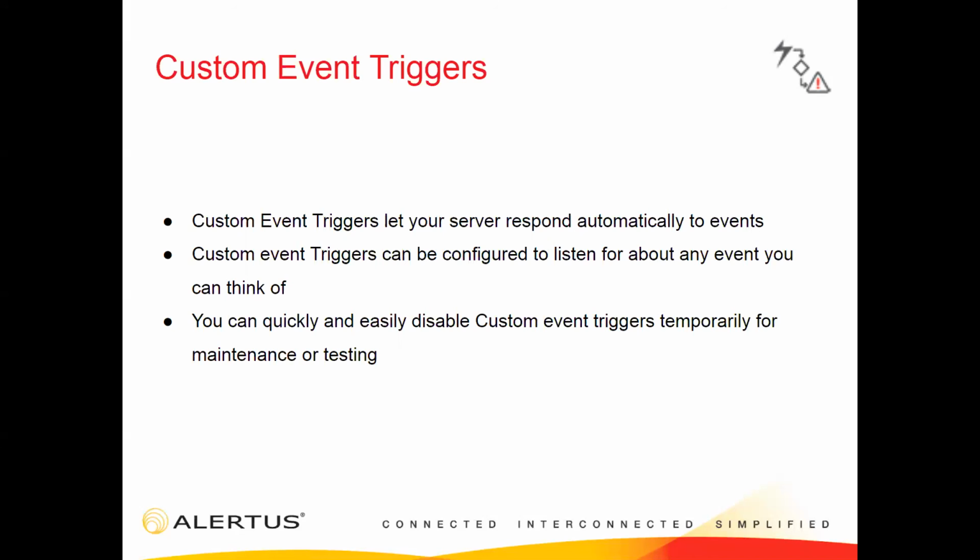And using that enable and disable feature, you can very quickly turn on and off these when testing, performing maintenance, or if you've accidentally created a mistake and your server's going off like crazy, just go ahead and disable it without undoing all of your work, and then you'll be able to come back to it later during a safe time and figure out what went wrong.